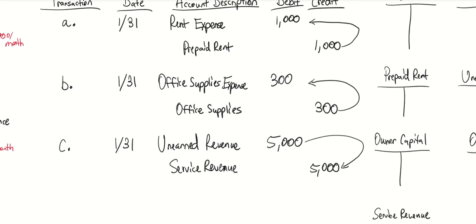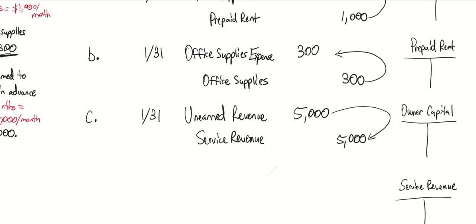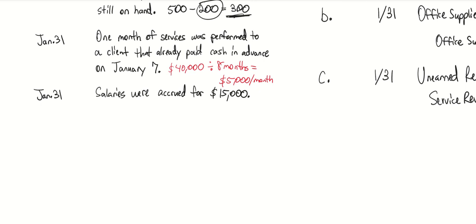The previous 2 entries is an example of prepaid expenses being expensed, and then this letter C, or transaction C, this is an example of unearned revenue that's being actually transferred into the actual revenue account. All right. Okay. Last one.